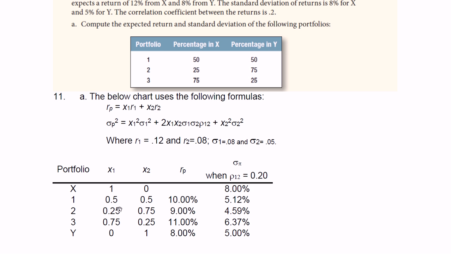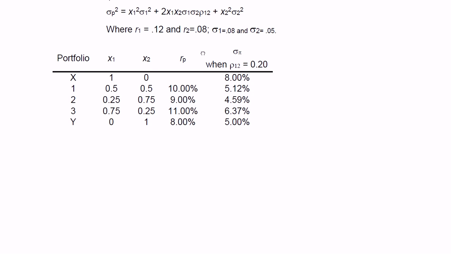And we plug in the weights, the expected return, the standard deviation, and the correlation coefficient, and we'll get the expected return and the standard deviation of the three portfolios.